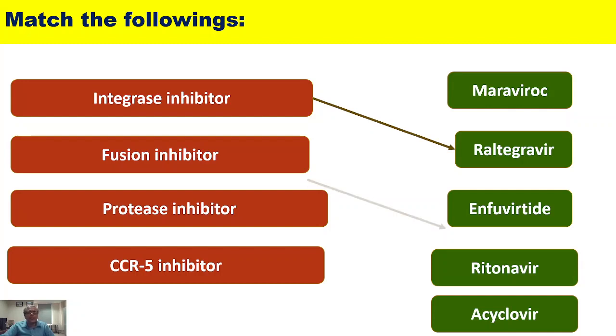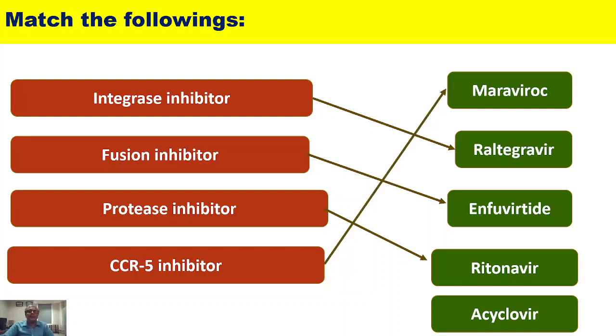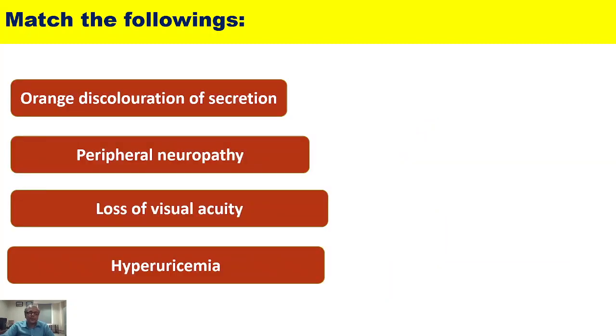Fusion inhibitor is enfuvirtide. Protease inhibitors are the 'vir' drugs like ritonavir, indinavir and so on, but not acyclovir. And the CCR5 inhibitor is maraviroc. This will help you remember the classification of the drugs acting against HIV.